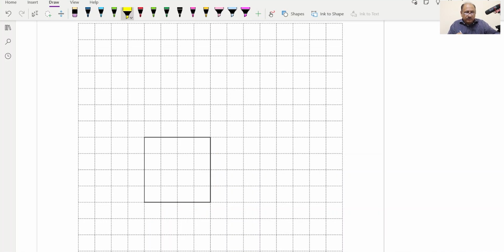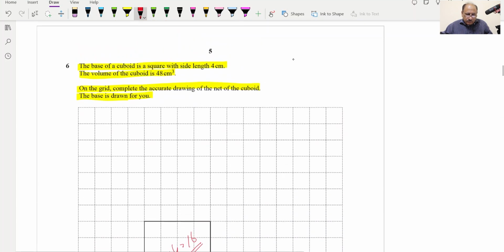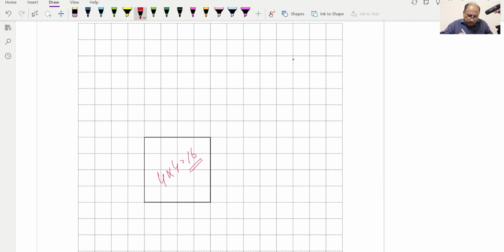For completion of this net, we know that the base and the top will be same. So this is 4 into 4. 4 into 4 mean this is 16 units. 16 centimeter they have used, so this will be 16 centimeter square. So top should also be 16 centimeter square.